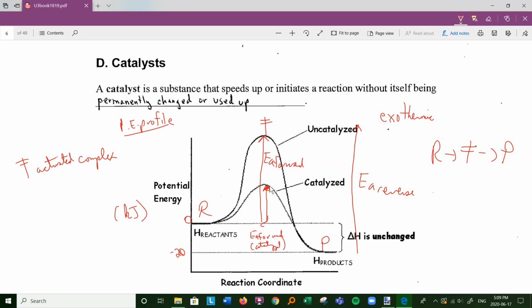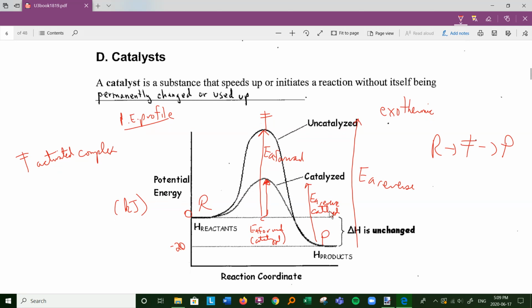And from the product to that point would be EA reverse catalyzed. So a catalyst will find an alternate reaction pathway, create an alternate reaction pathway to get to the products, and it will lower the activation energy.